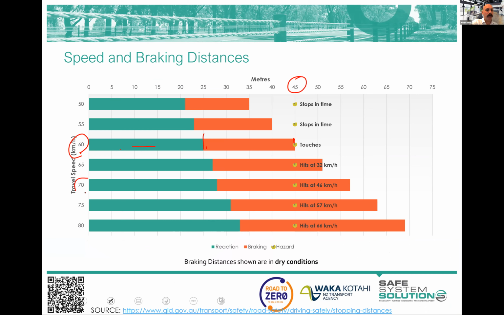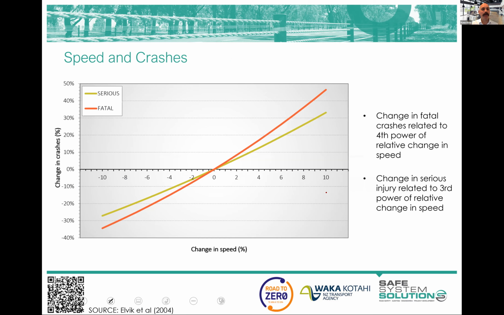Let's go up 10 kilometres per hour, to 70 kilometres per hour. Hits at 46 kilometres an hour. This is not a linear relationship. That's the first thing we need to know, not a linear relationship.